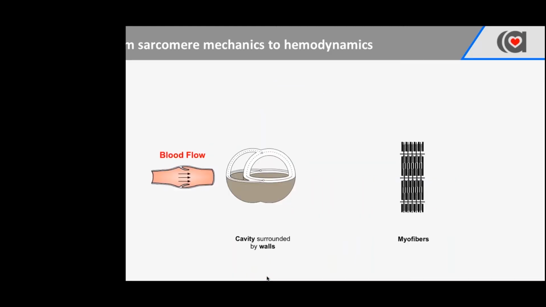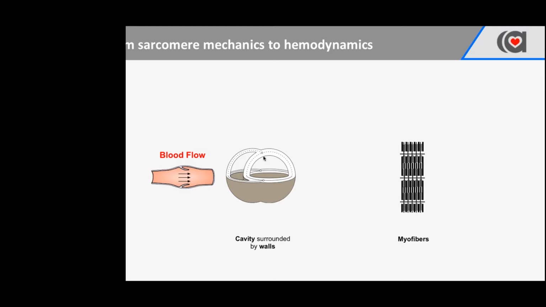Now, this slide shows you very basically what will happen. If you have blood flow, in this case from, for example, the right atrium towards the right ventricle, the volume of a chamber will change. And the chamber is a cavity surrounded by walls.